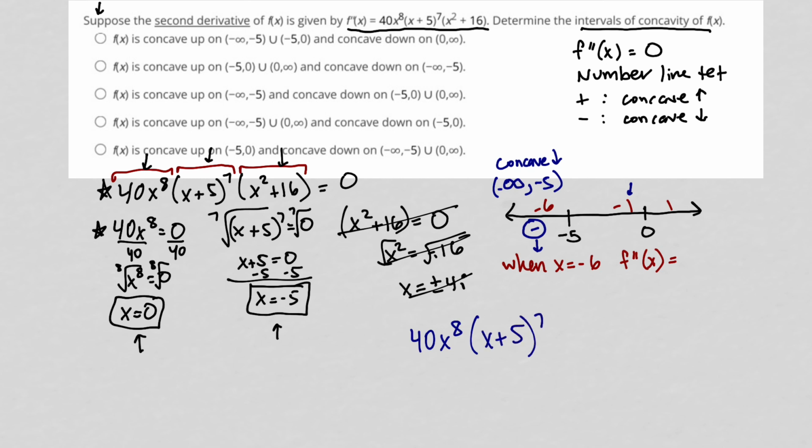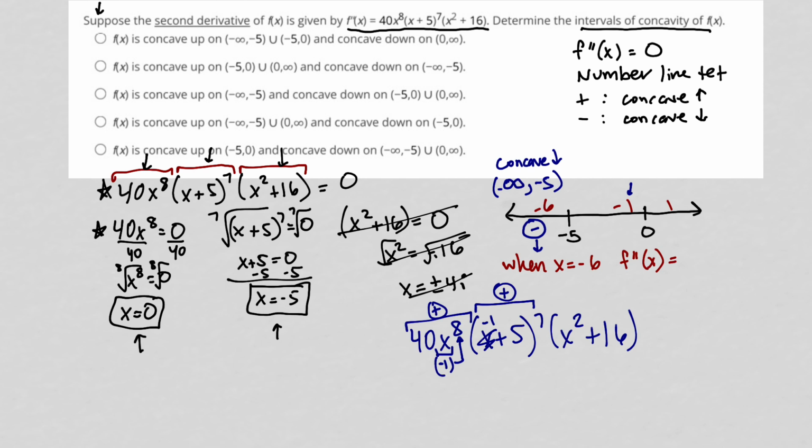So just writing this out again. If I put a negative 1 into my x here, again, it's raised to an even exponent, so it makes it positive. 40 times positive 1 is still positive, so this whole thing is positive. If I put a negative 1 here, negative 1 plus 5 is positive 4. 4 to the 7th power is still positive.